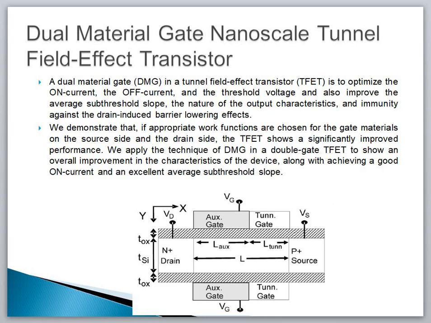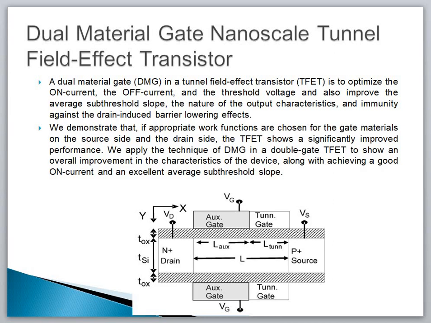We demonstrate that if appropriate work functions are chosen for the gate material on the source side and the drain side, the tunnel field effect transistor shows significantly improved performance. We apply the technique of dual material gate in a double gate tunnel field effect transistor to show an overall improvement in the characteristics of the device, along with achieving a good on current and excellent average sub-threshold slope.